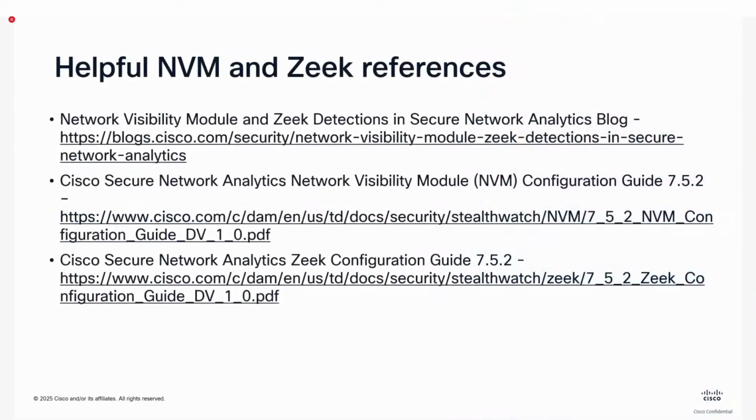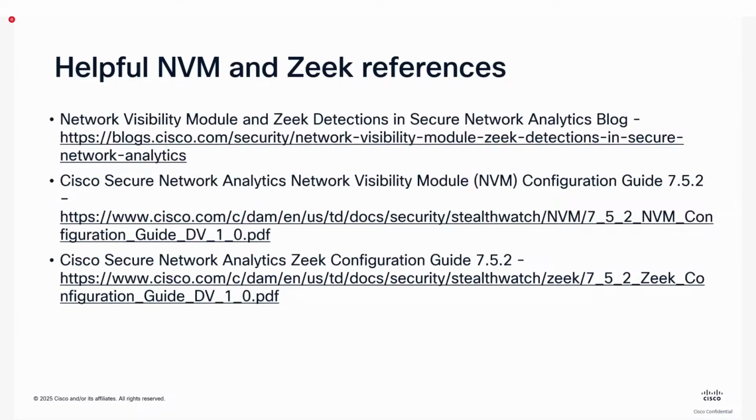And let's go and talk about some additional resources here where you're able to learn more about what we're doing with Network Visibility Module and Zeek here. I've got a few references here for you. The first one is for a blog that I wrote a few months ago. It covers a lot of the same content we're doing in today's webinar, talking about Network Visibility Module and Zeek, showing you some screenshots from Central Analytics, being able to see all of the alerts that are in there.